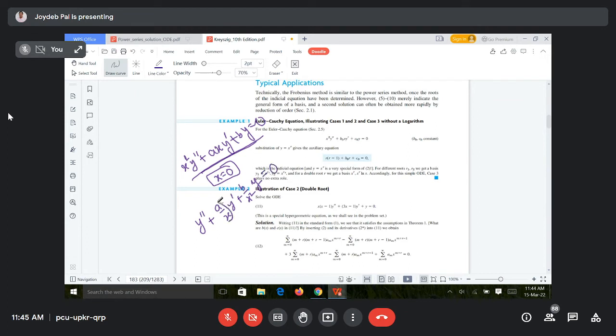Now it is px, it is qx. So for x is equal to 0, x into px and x square into qx should be analytic to be regular singular. So is that happening? x is equal to 0, is it a regular singular point for that ODE?